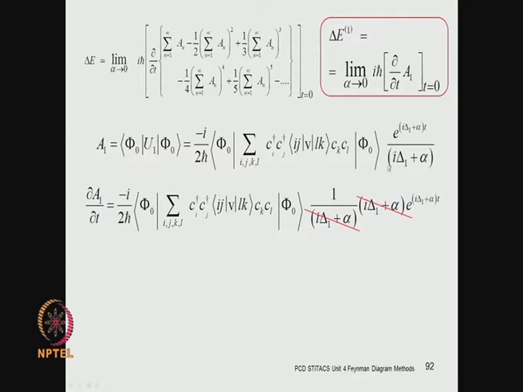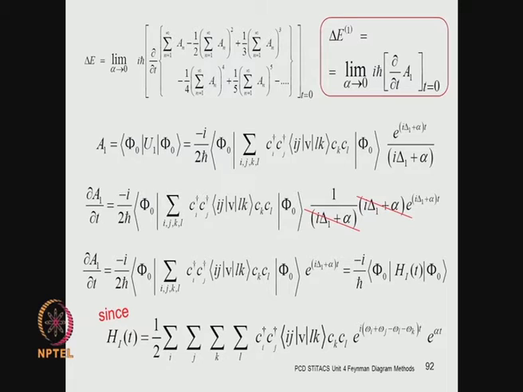So, this I delta 1 plus alpha and this I delta 1 plus alpha in the denominator, these two terms will cancel each other, you are left with only this term, right. And what actually happens is that the partial derivative then turns out to be very simple over here, you just get the factor HIT over here.